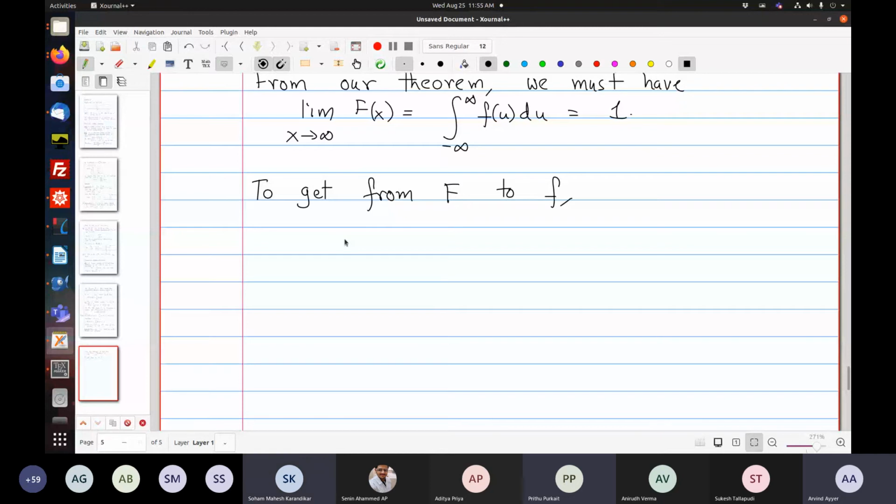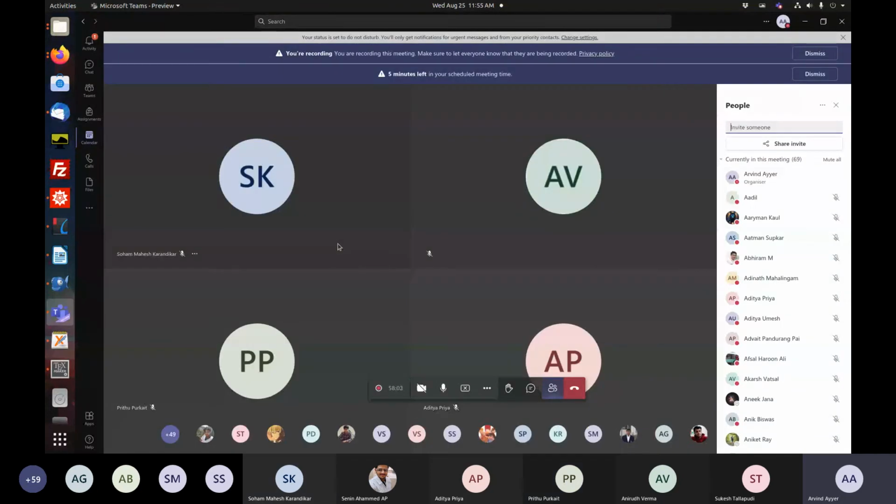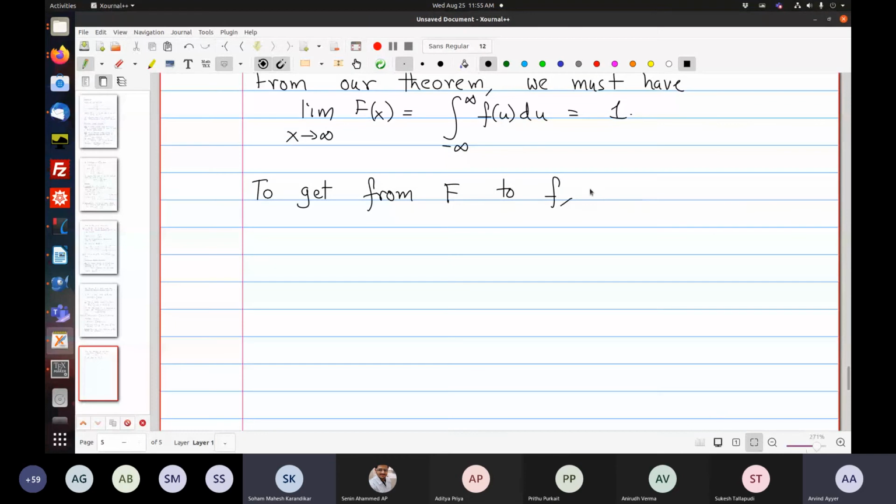The fundamental theorem of calculus. That's right. We use the fact that d by dx of capital F is small f, by the fundamental theorem of calculus.